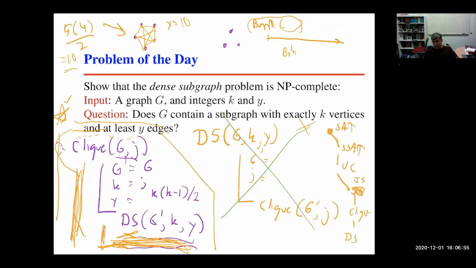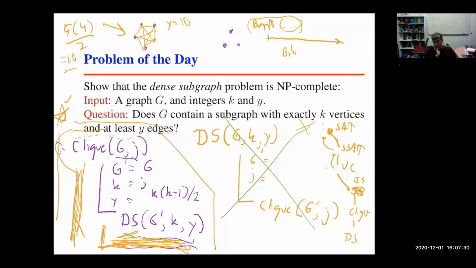So there is some sense that 3-SAT, we proved, is at least as hard as SAT. Because if I could do 3-SAT quickly, I could do SAT quickly. Does everybody see that? Vertex cover is at least as hard as 3-SAT. If I could do vertex cover quickly, I could do 3-SAT quickly.